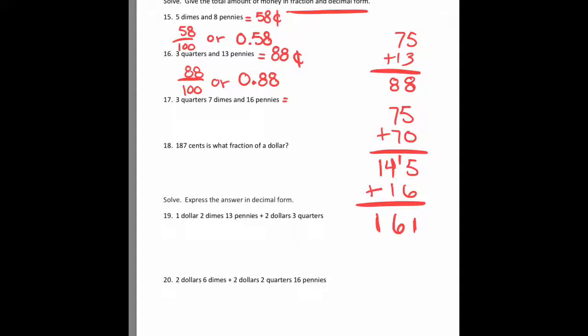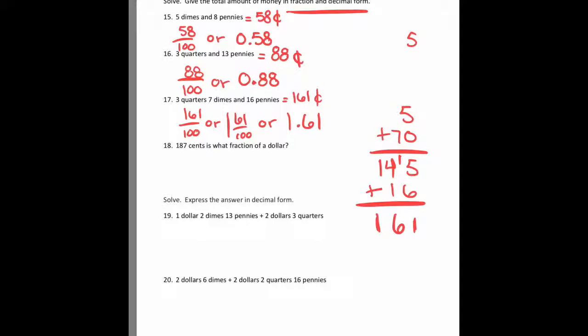So 161 cents is going to be more than a dollar, but I'm going to write 161 cents, which would be 161 hundredths, or as a mixed number, 1 and 61 hundredths, or as a decimal, 1.61, so $1.61.